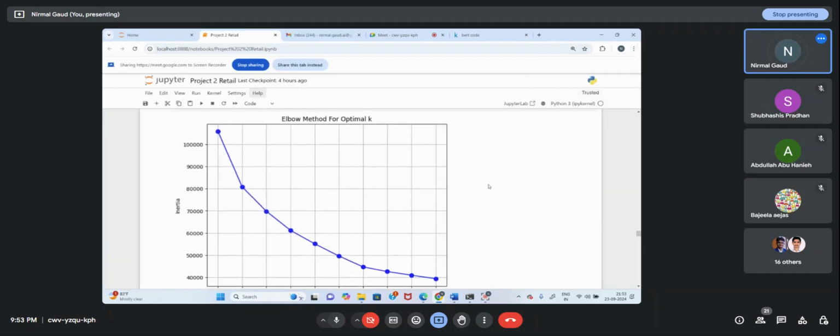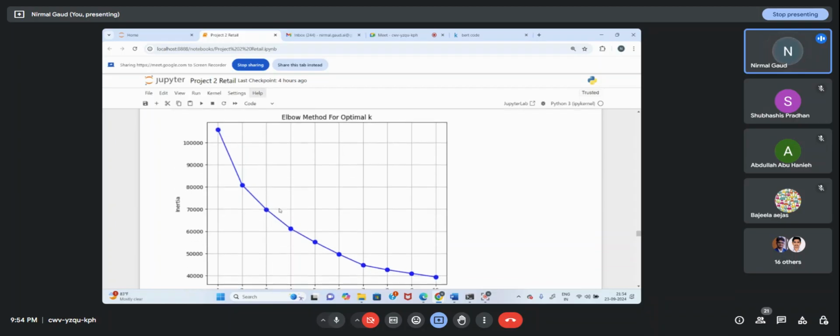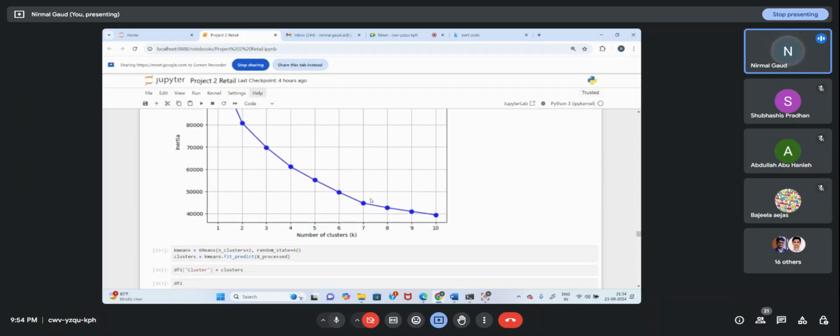Now you can see, where do you think that we are having optimal number of clusters? I can see that at two clusters there is a bend. Also at 7 I can see that there is a bend. That means either 2 or 7 clusters could be optimal clusters present in the data.